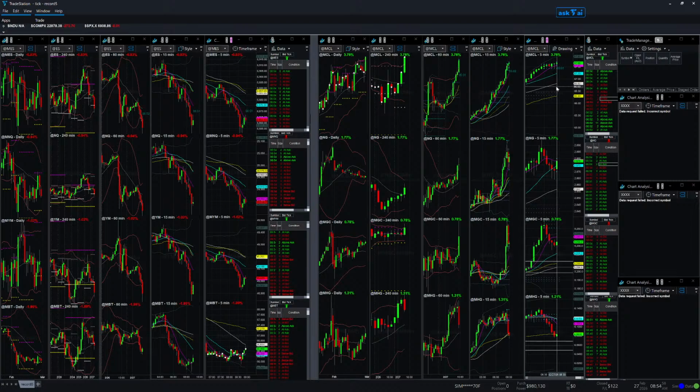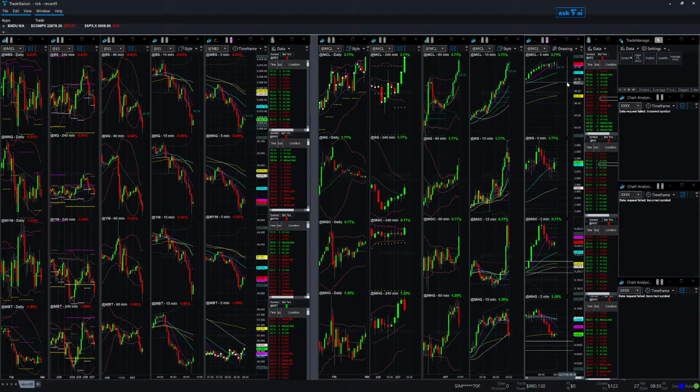And then I'm looking at potentially oil, a quick short, gold, a pullback long, and copper needs to kind of consolidate and break out.